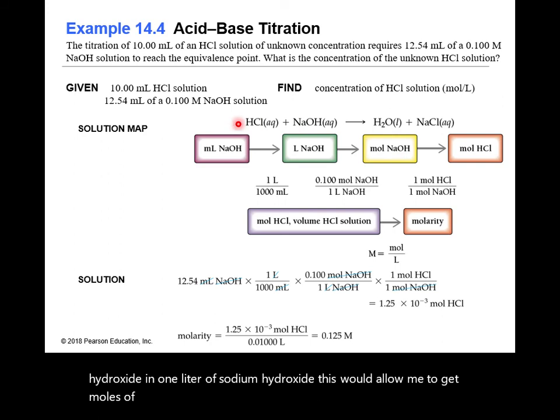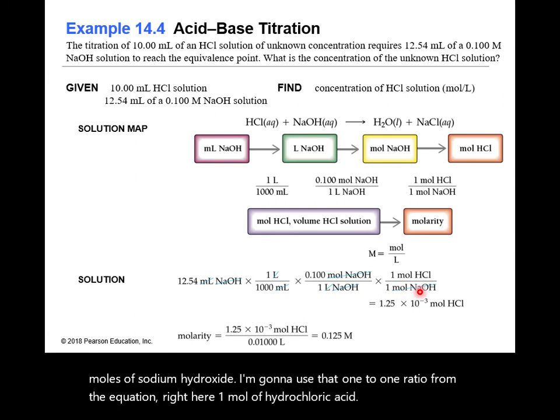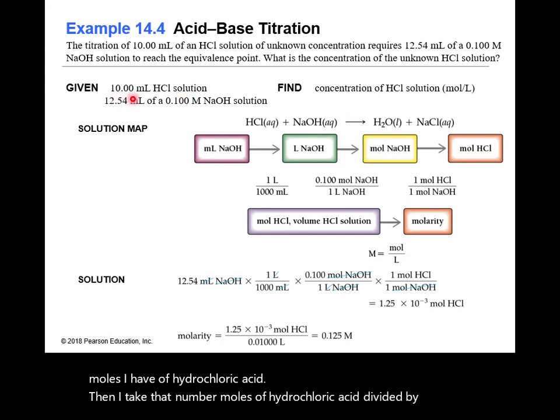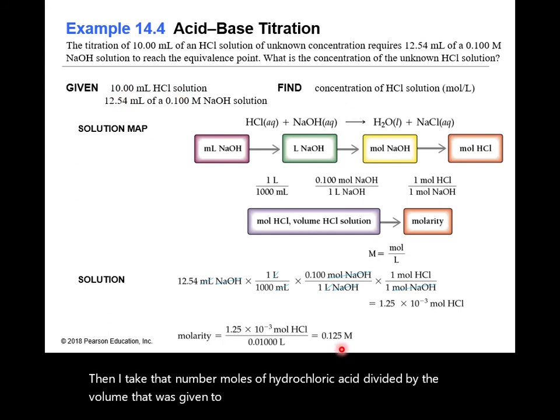I'm going to use the 1-to-1 ratio from the equation right here. 1 mole of hydrochloric acid over 1 mole of sodium hydroxide would allow me to figure out how many moles I have of hydrochloric acid. Then I take that number, moles of hydrochloric acid, divided by the volume that was given to us, and I can calculate the molarity of hydrochloric acid.